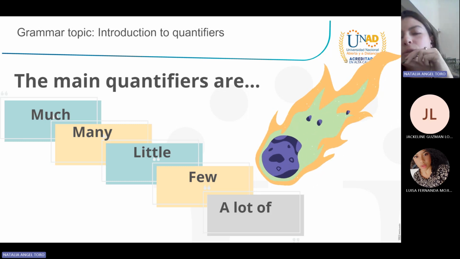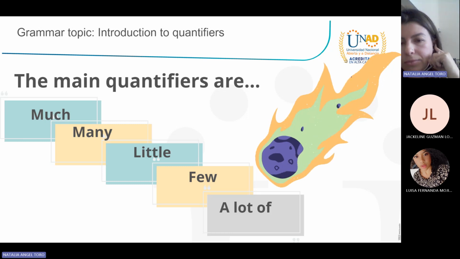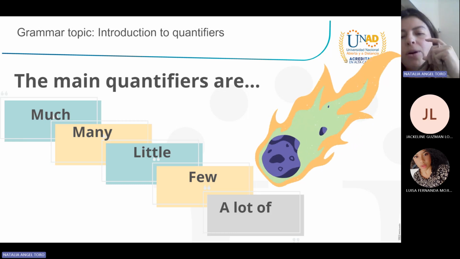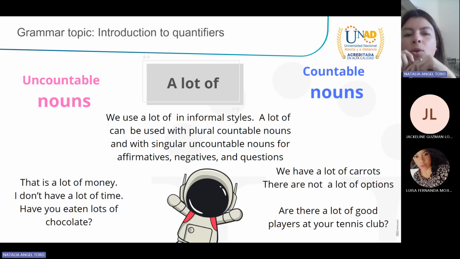Yeah, but do you think a lot of could be used just for countables or just for uncountables or both? Or what do you think? I think that it is both cases. Both cases, excellent. Yes, it would be used in both cases.